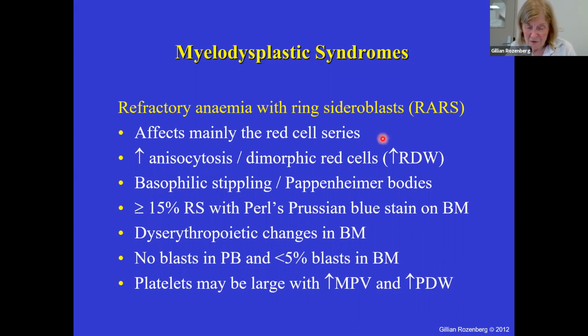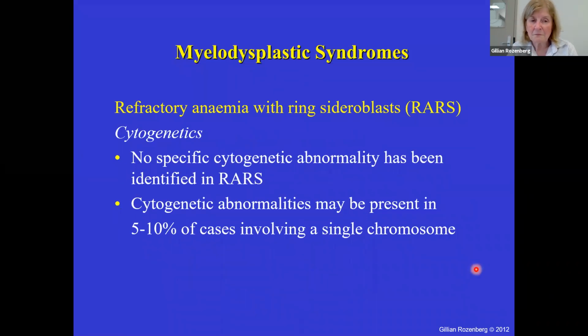So just going through that again with refractory anemia with ring sideroblasts: no blasts in the peripheral blood, and less than 5% blasts in the bone marrow. Regarding cytogenetics, again, no specific cytogenetic abnormalities have been identified in refractory anemia with ring sideroblasts.